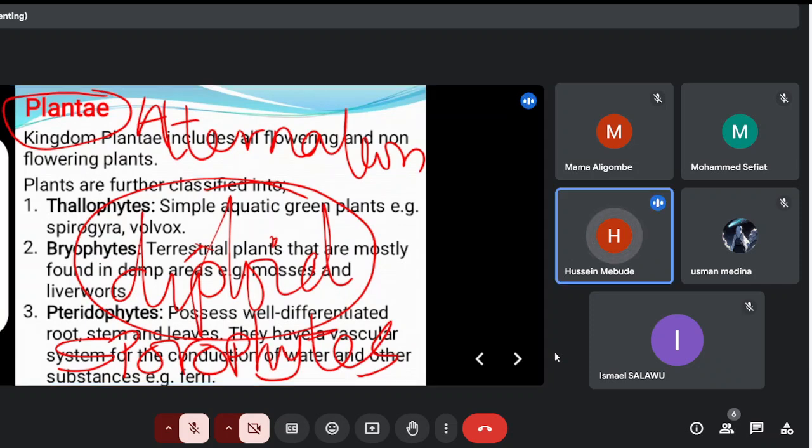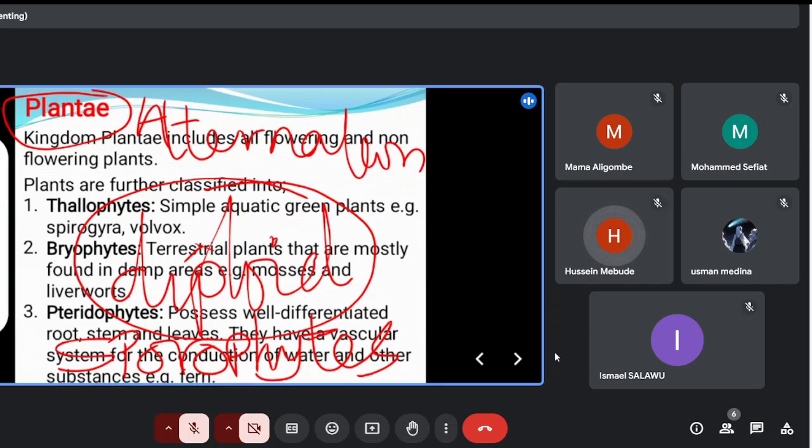Second stage, which is the gametophyte stage, formation of their gametes.